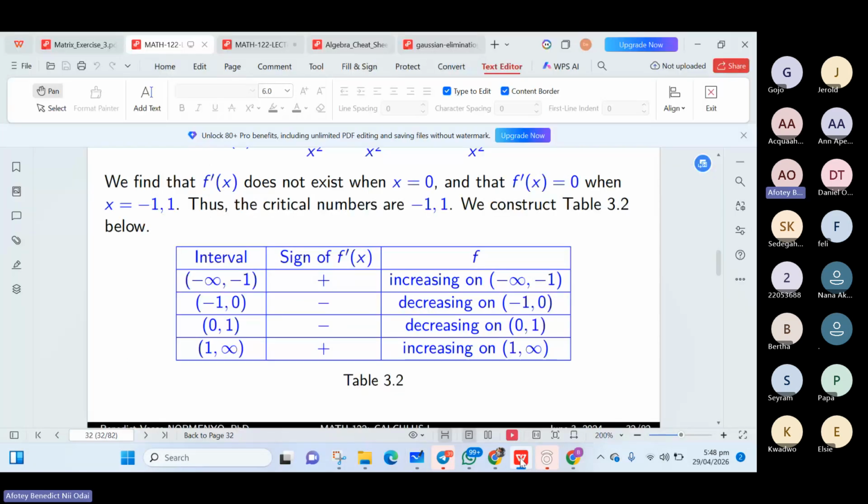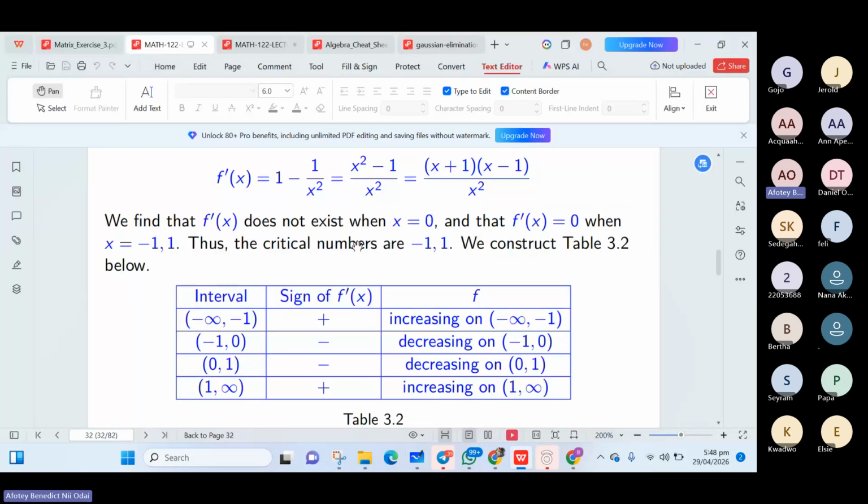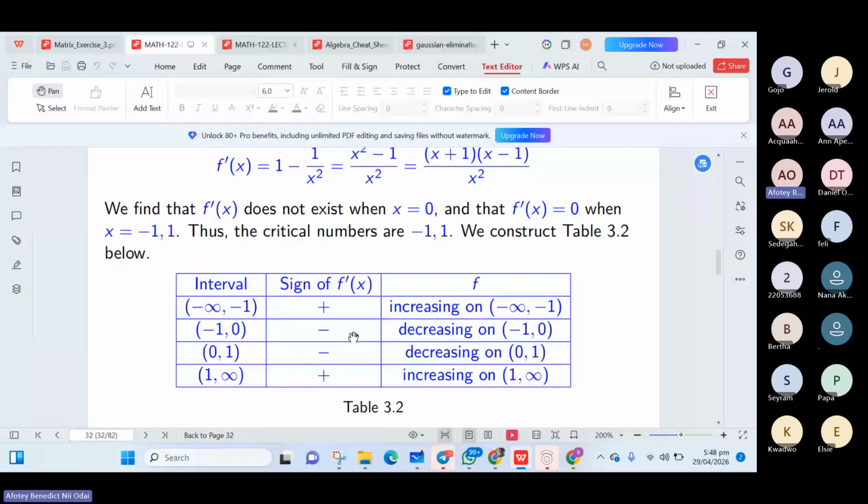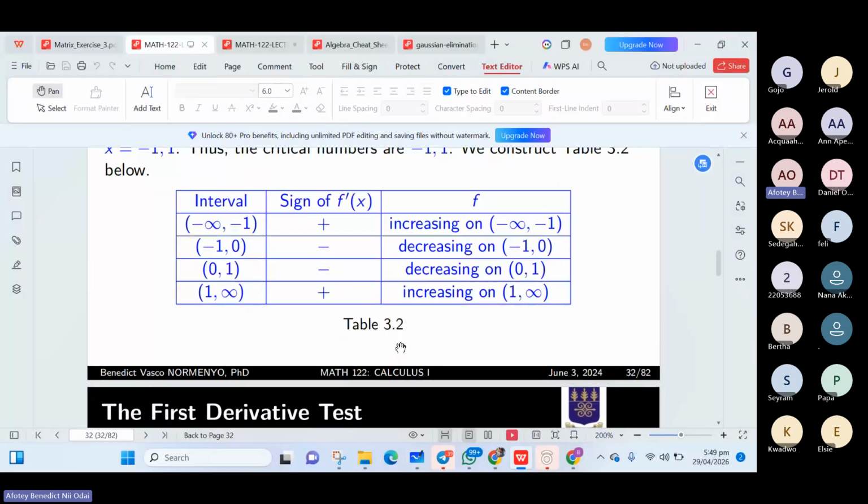So they also had 0 for the critical numbers, yes, but they didn't include 0 when they were speaking of it. So in between negative infinity and -1, it's increasing. Is that what we had? Okay, so there's a problem over here, meaning that our calculation is wrong.